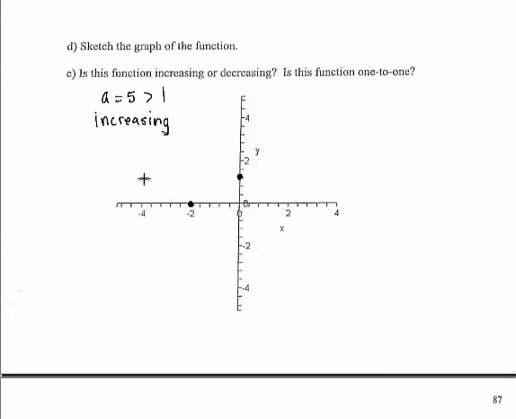And then our vertical asymptote was at negative 7 divided by 3, which is approximately negative 2.3. And so this is the location of our vertical asymptote.